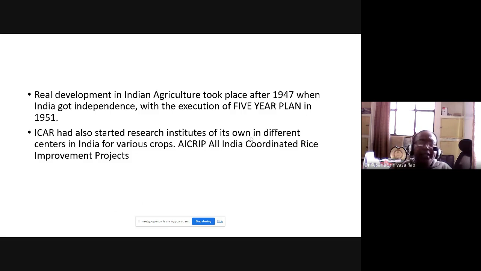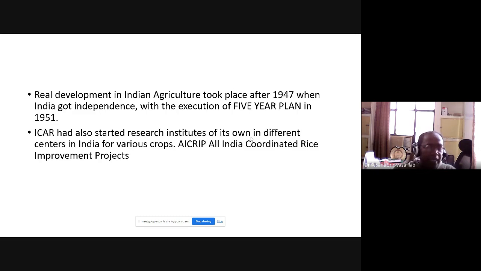The real development in Indian agriculture took place after 1947, when India got independence. With the execution of the 5-year plan in 1951, this is the beginning of the post-independence period. In 1951 we gave much importance to agriculture, and agriculture growth rate was good at that time.